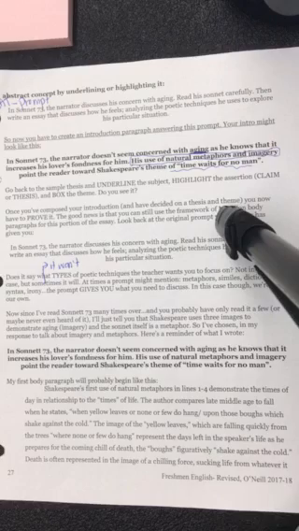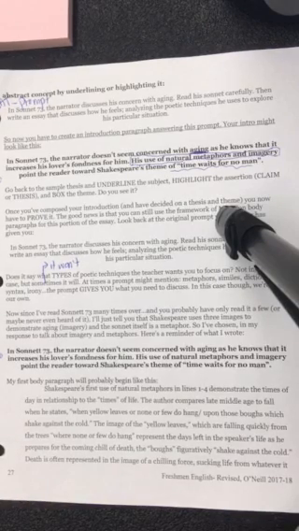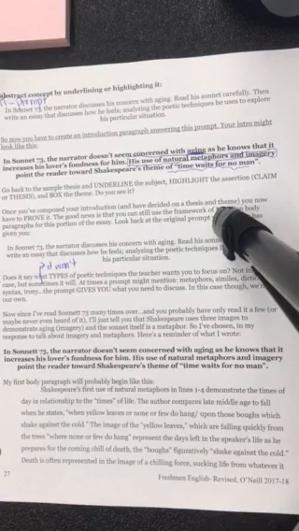Here's a reminder of what I wrote. So here's my SAT intro again, with my subject, my assertion, and my theme. In Sonnet 73, the narrator doesn't seem concerned with aging, as he knows that it increases his lover's fondness for him. His use of natural metaphors and imagery point the reader toward Shakespeare's theme of time waits for no man.